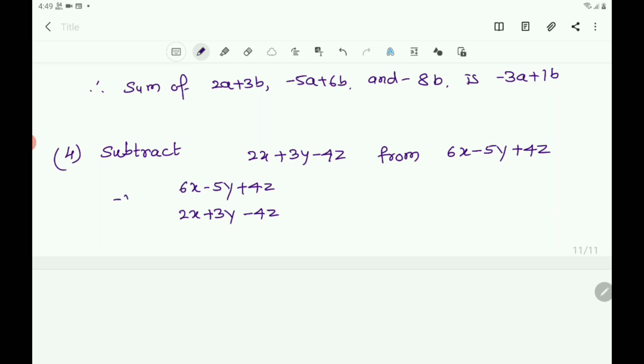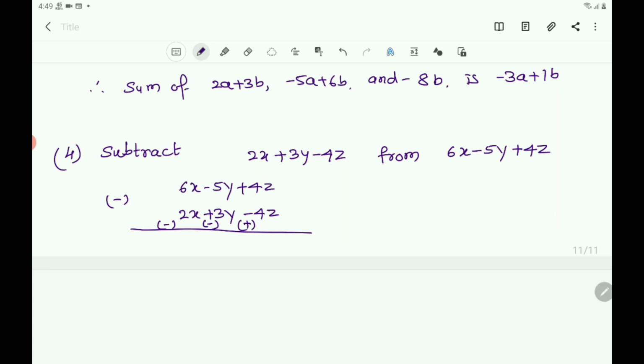Here we have to subtract, and while subtracting we have to change the sign of each term of the second expression which we are taking below. So minus is changed to plus, plus must be changed to minus, and here it is plus 2x, so it must be minus 2x. After changing the signs, according to the addition rule, add the like terms.